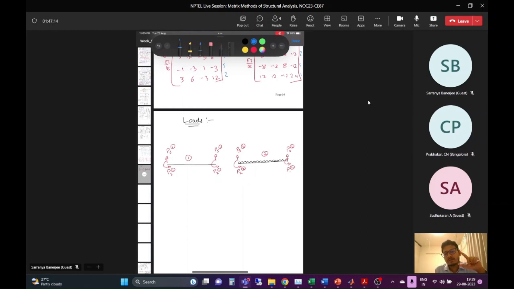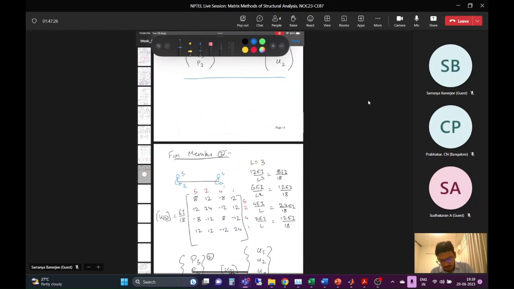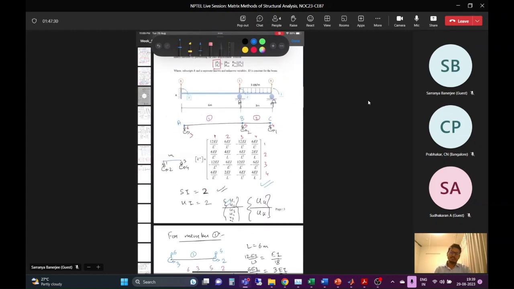These are our member forces. Now, apart from these, what other forces are there in the beam problem? In this beam, from where do we get the reactions?